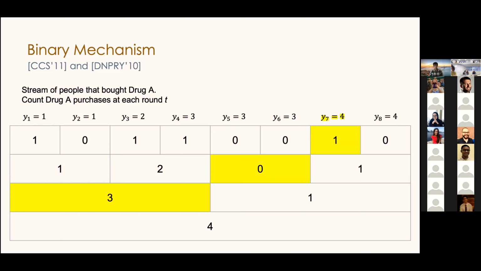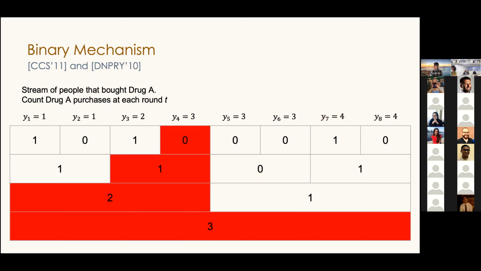Which might seem crazy to do, but for privacy, it will make sense. If I think of event-level privacy, where I modify a single event, maybe I change the count of the 4th customer from purchasing drug A to not purchasing drug A, that will change only log-many cells in this table.